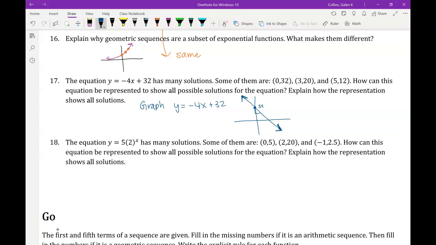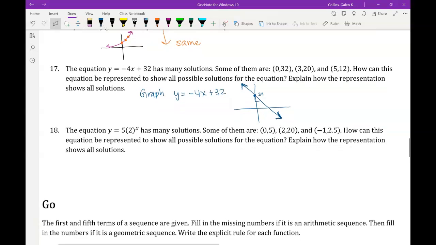In number 18, the equation y equals 5 times 2 to the power of x has many solutions. We're given some ordered pairs again. Again, I think this is getting at the same thing as number 17, that the best way to show all of the solutions is by graphing y equals 5 times 2 to the power of x.